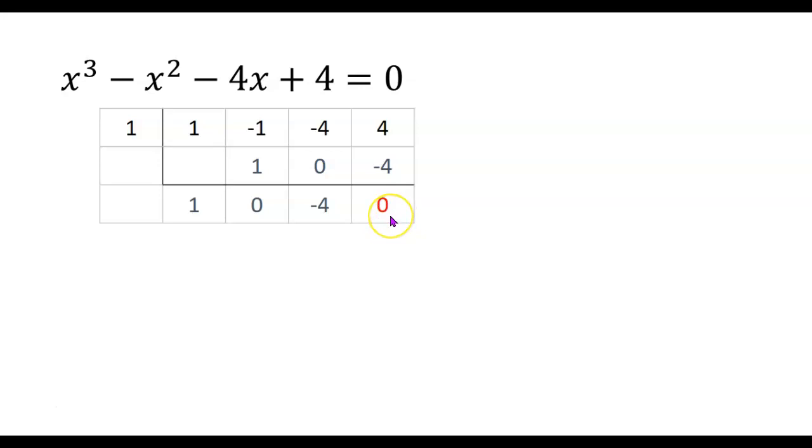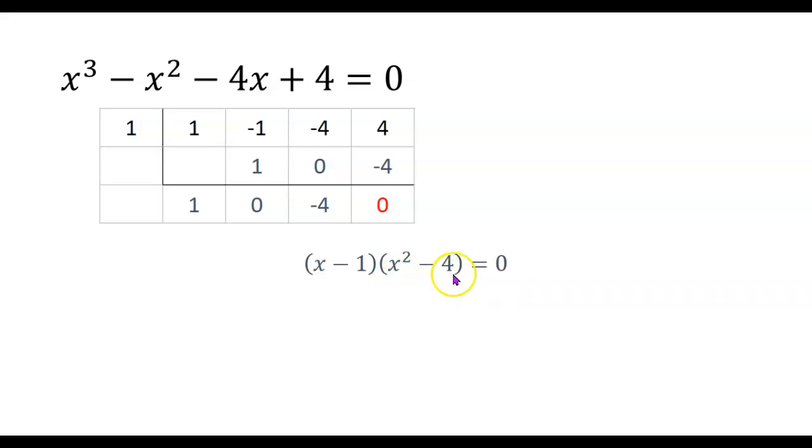We get a remainder of 0, which means that, yes, 1 is a zero of this polynomial. But we get some additional information besides that. We know that this polynomial factors into x minus 1 times x squared minus 4.